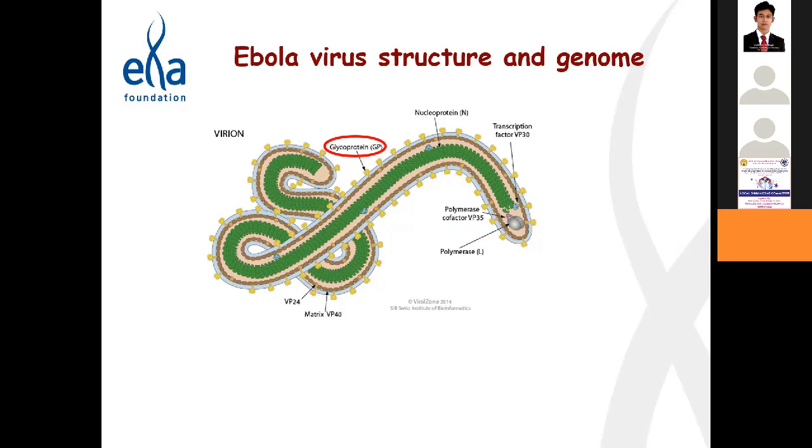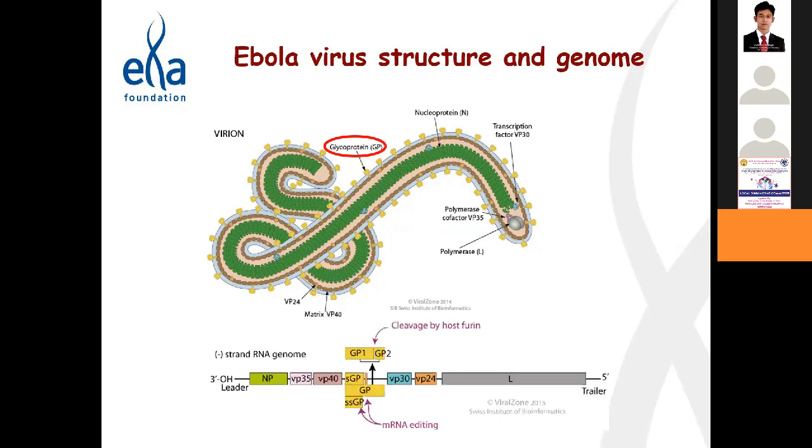Now coming to its genome. Unfortunately, this glycoprotein is expressed in 3 different forms. Because there is mRNA editing here, the genome codes for secretory GP, which is expressed in very high concentration. In the second reading frame, due to the addition of an A here, it leads to the generation of full-length GP, which is present on the surface.